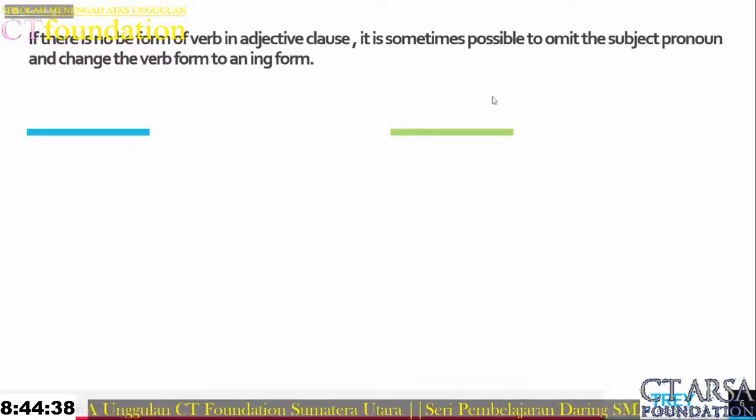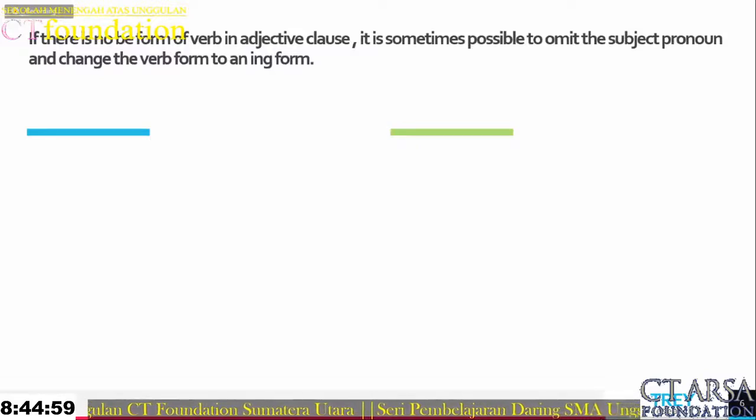It's a bit different. If we don't have a be form in the verb of the adjective clause, we don't use be, is, or that.